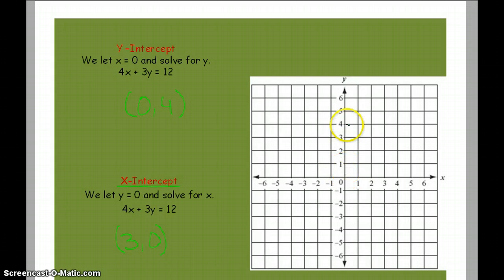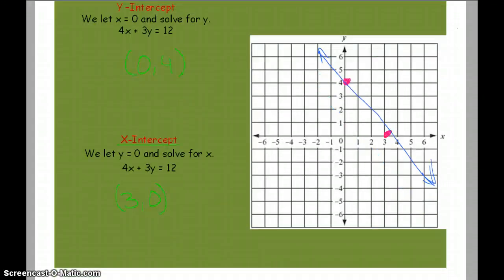Okay, so (0, 4), and (3, 0). Okay, now I'm going to connect those two points. And that's a really fast way to graph my line. And that's it.